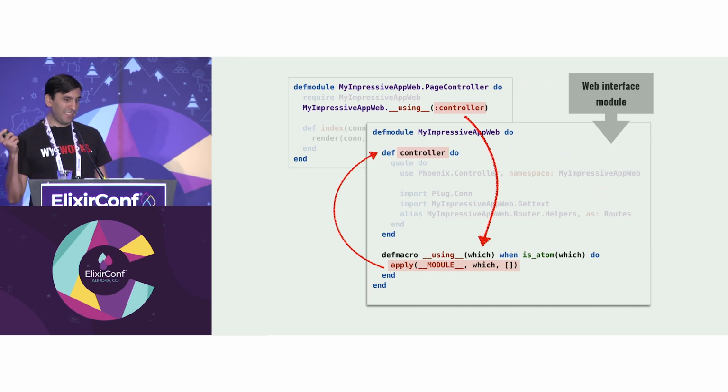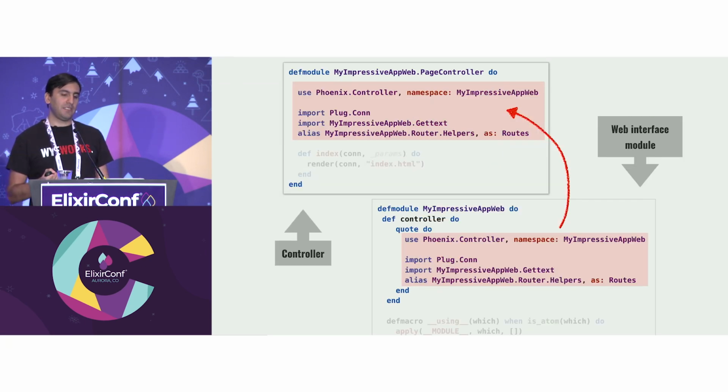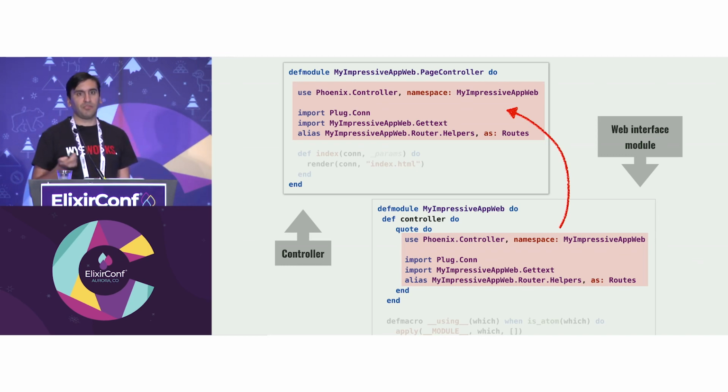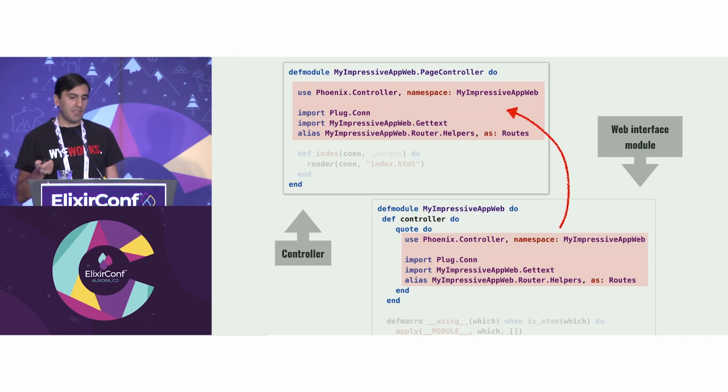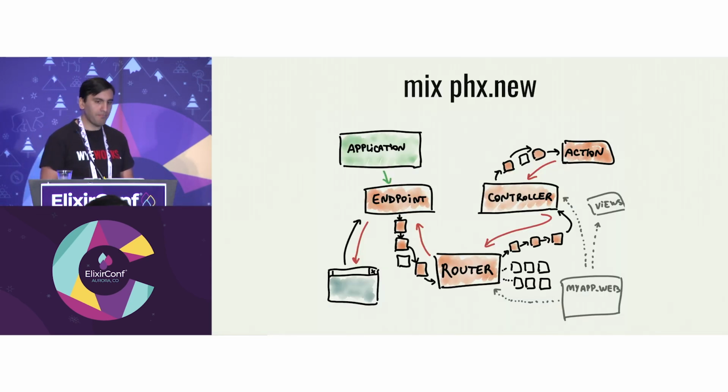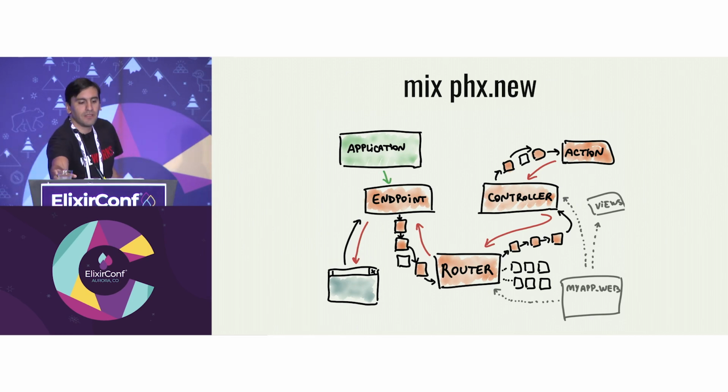In this way, it's able to inject these lines in each of your controllers. It's going to be the same for the views and so on. OK, that was the first half of this talk.